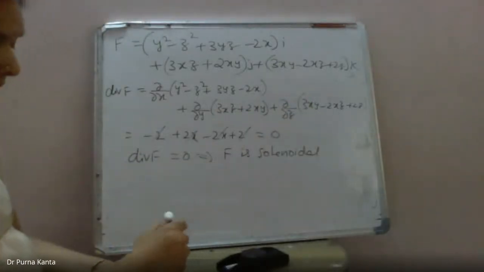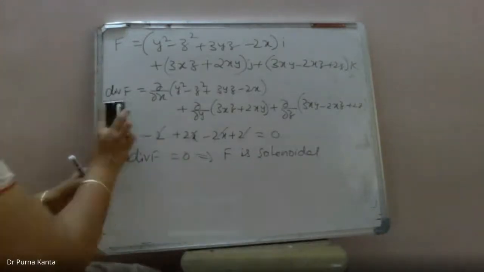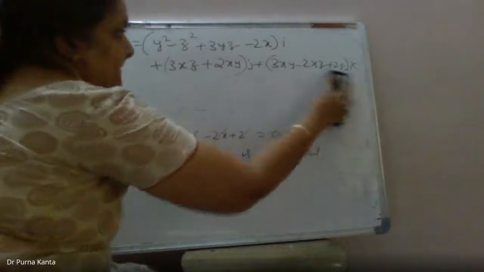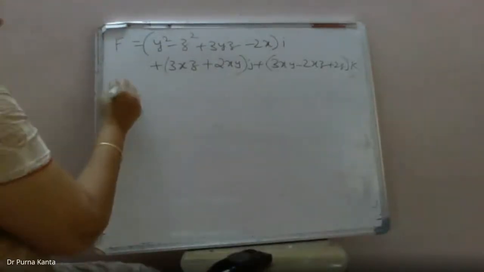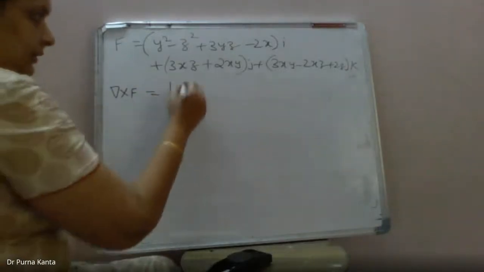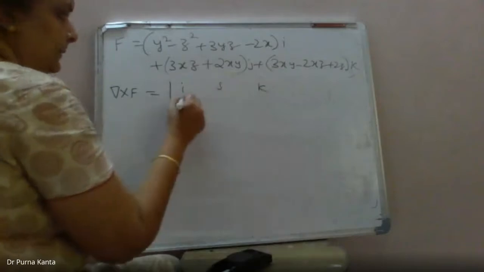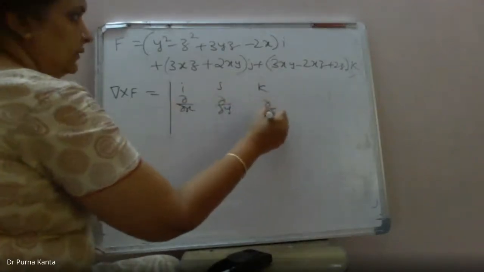The same vector we are asked to show that it is irrotational also. So let's calculate irrotational also. Irrotational means you have to show that curl f is equal to 0. So we'll calculate curl f. i, j, k, dou by dou x, dou by dou y, dou by dou z.